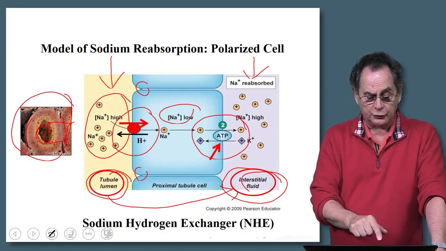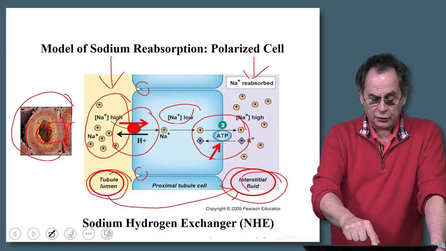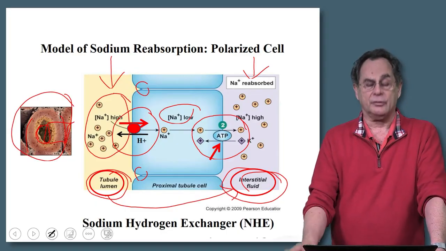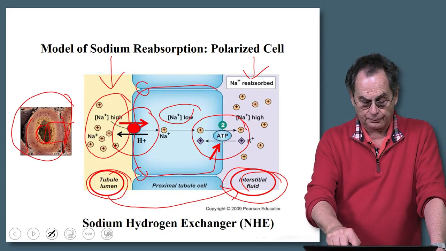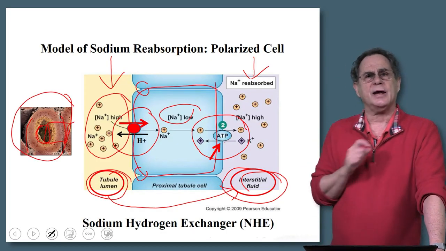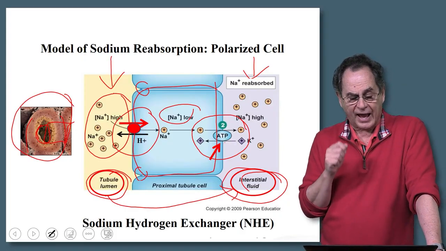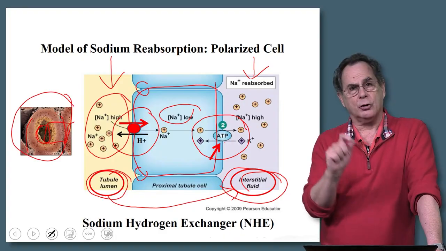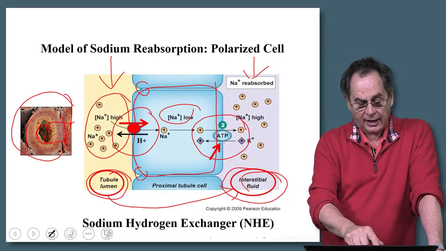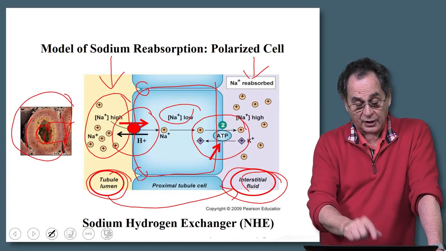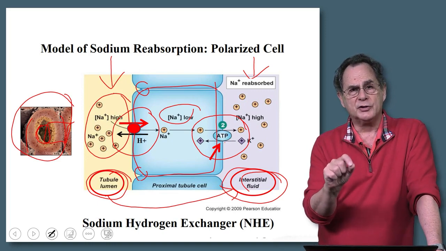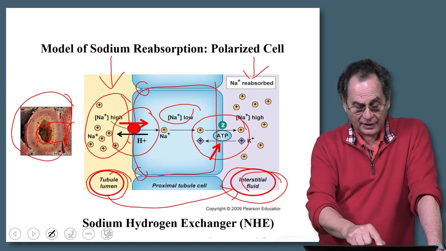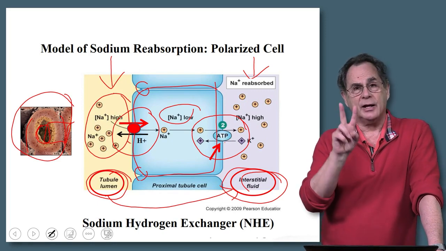So the high filtered load of sodium comes into contact with the luminal membrane of the proximal tubule cell. And this shows one type of transporter, an antiporter, called a sodium-hydrogen exchanger. There are a family of these proteins, represented as a luminal transport protein, this red circle. And it has a function.